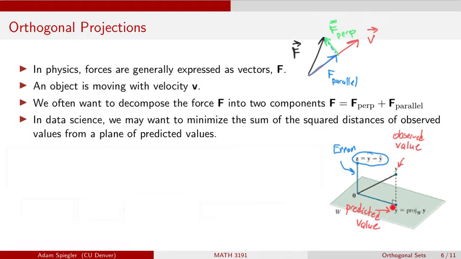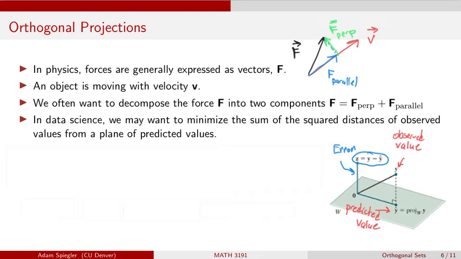And so the prediction for that value we typically denote with a hat on top. So we denote that with a y hat. And the distance of the observed value to the predicted value, these are what we call the residuals or the error of our model. And so in data science, oftentimes what we want to do is fit a model that's going to minimize the sum of all of our error terms.